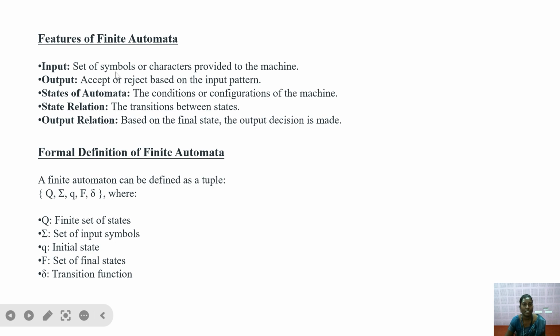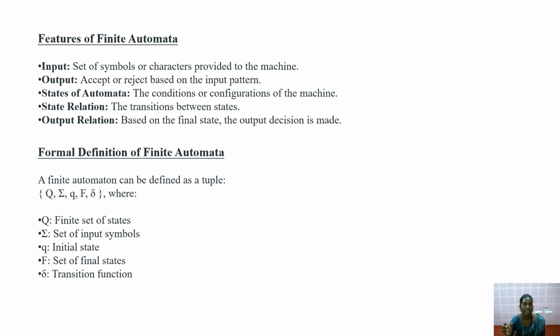A set of symbols can be represented in alphabetic order or in numbers 0, 1, 2, and in alphabets A, B. Output means, based upon the input pattern, whether the machine has accepted or rejected the input. And these are the states of finite automata.